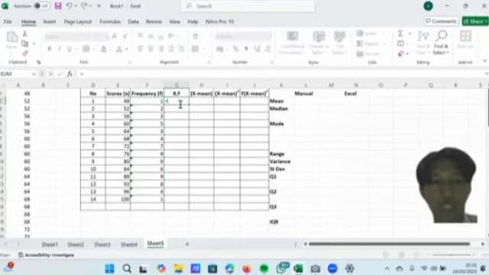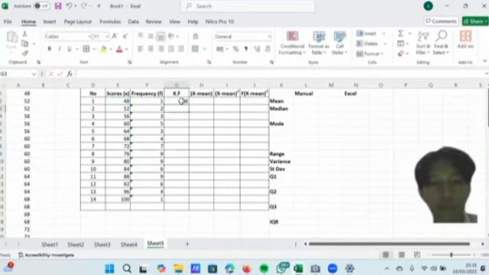After that, we're going to search for X multiplied by F, which is score multiplied by F, and drag it down again.